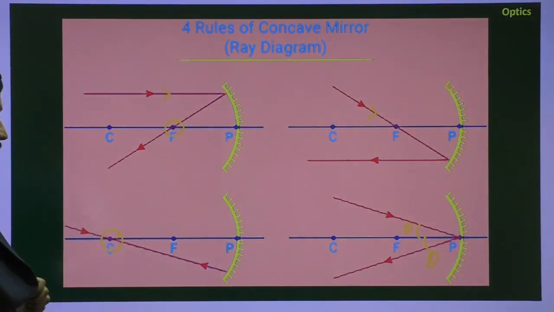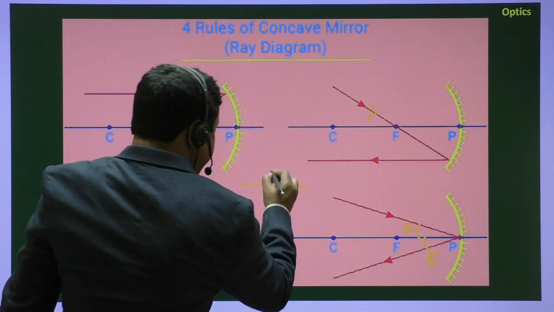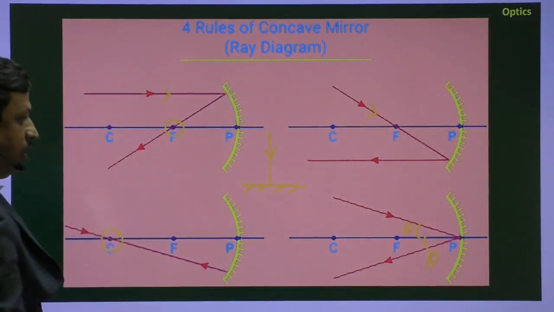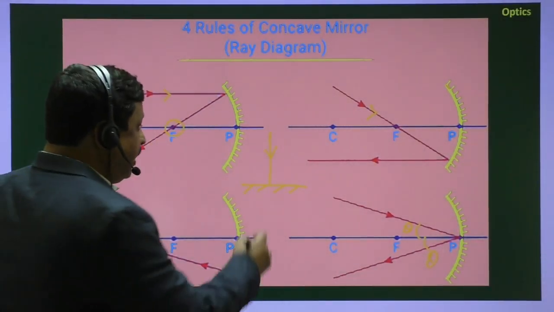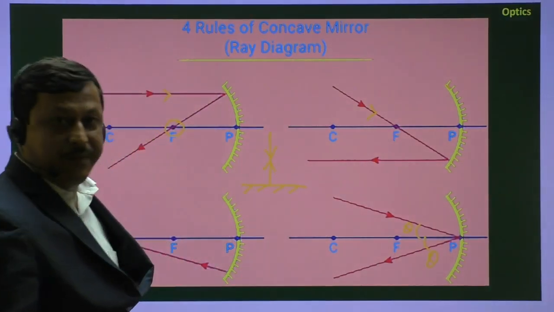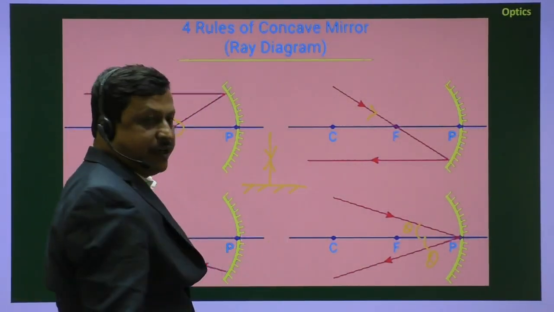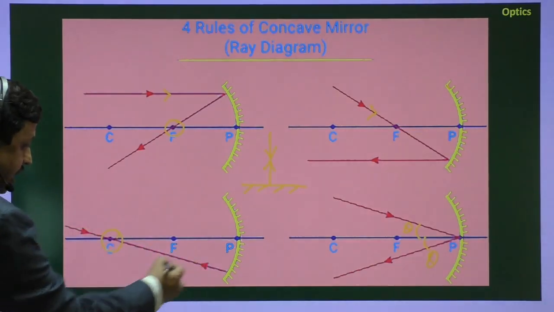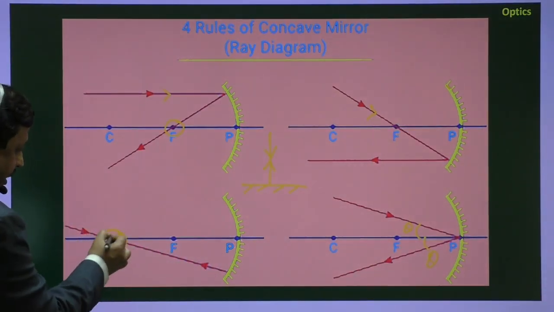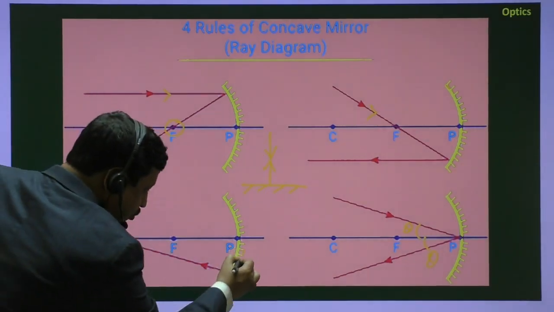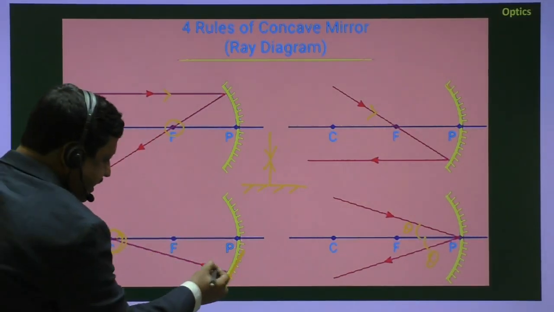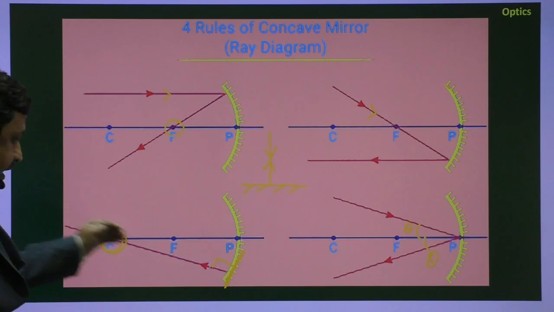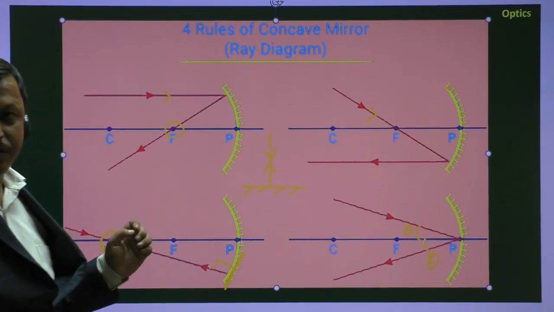So in this case, you know that if a ray is incident normally on a reflector, then it will reflect back along the same line, because the angle of incidence and angle of reflection are both 0 degrees. Similarly, if a ray comes from the center of curvature, the tangent and the radius of curvature will be perpendicular, so the ray is incident perpendicularly and reflects back along the same line.